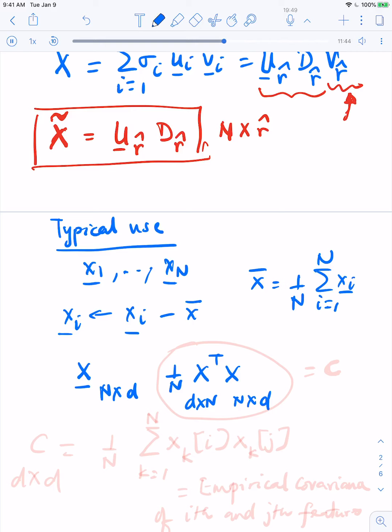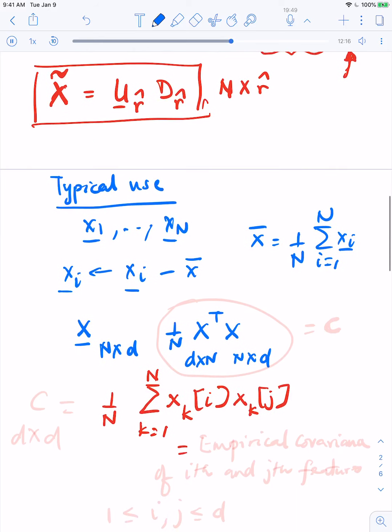What will I get? The ijth entry of this guy will be x_ki times x_kj summed over the examples k, so I'm summing like that, 1 over n. And remember, I have removed the mean.